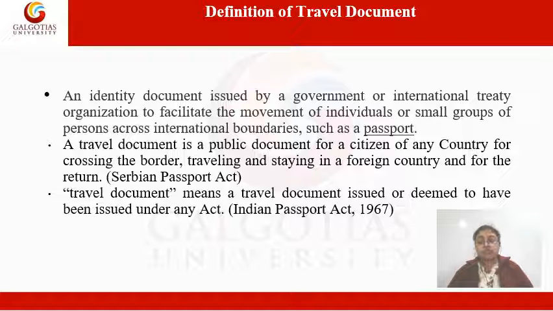So obviously a person has to be sure that once I cross the border, I can very well come back to my nation safely. For that reason also, the travel document needs to be sound and legal. So that is one very important aspect of travel document which has been highlighted by the Serbian Passport Act.